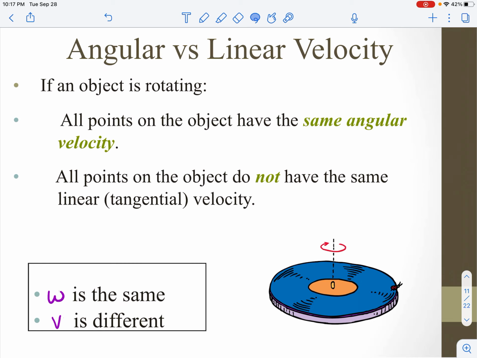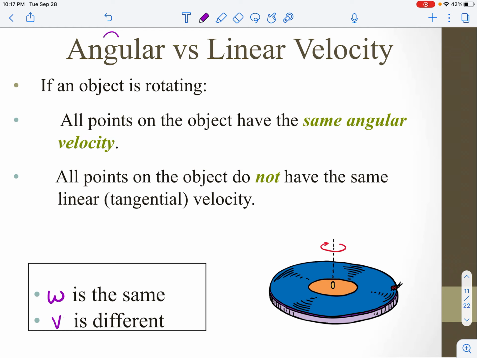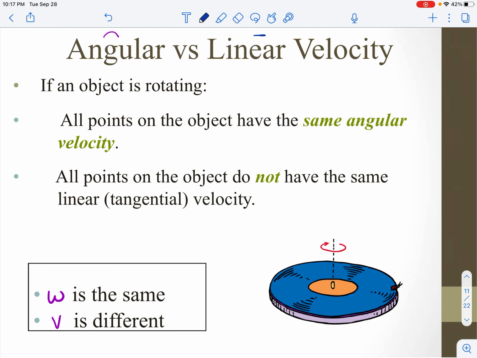This kind of summarizes the difference between angular and linear velocity. So angular means curved. Linear means along a straight line. So we are going to have our linear velocity, which is our straight line velocity.